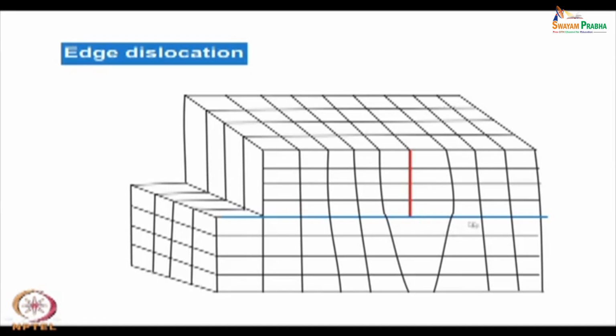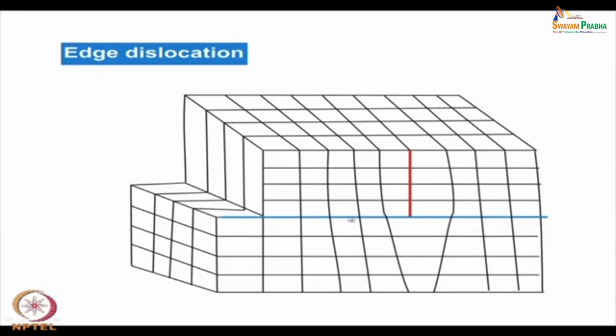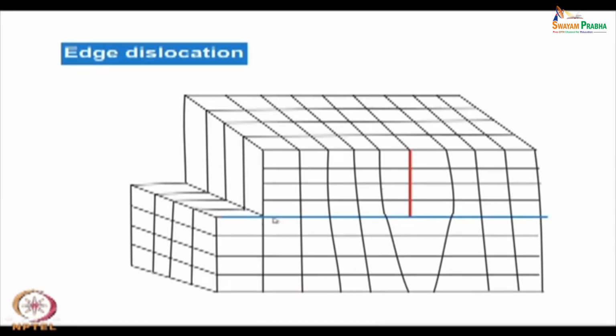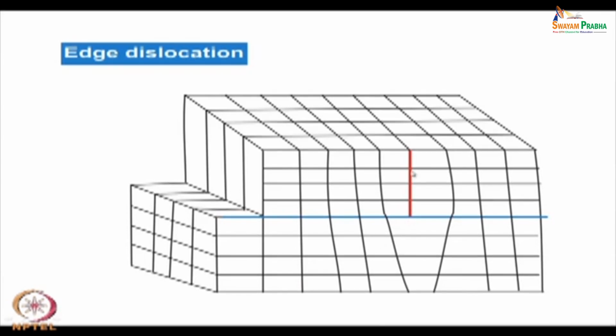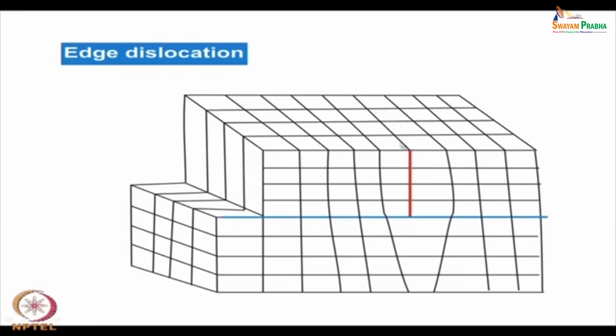On the right side there is no shift, but on the left side all these atoms have been shifted one interatomic distance, and as a consequence there is one extra plane of atoms coming up, which forms a kind of boundary.